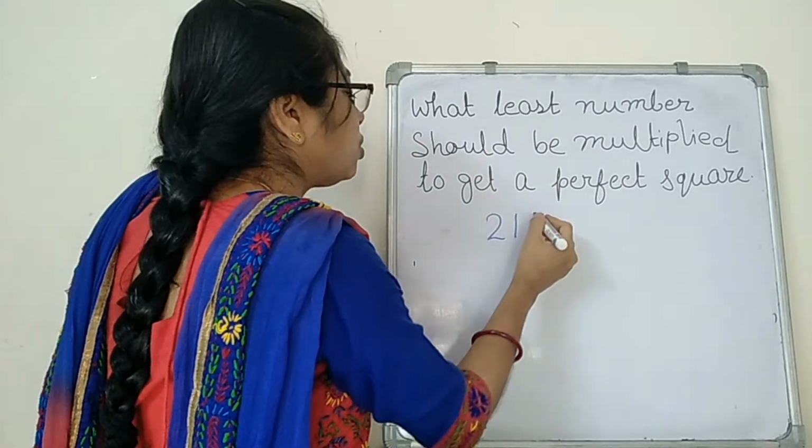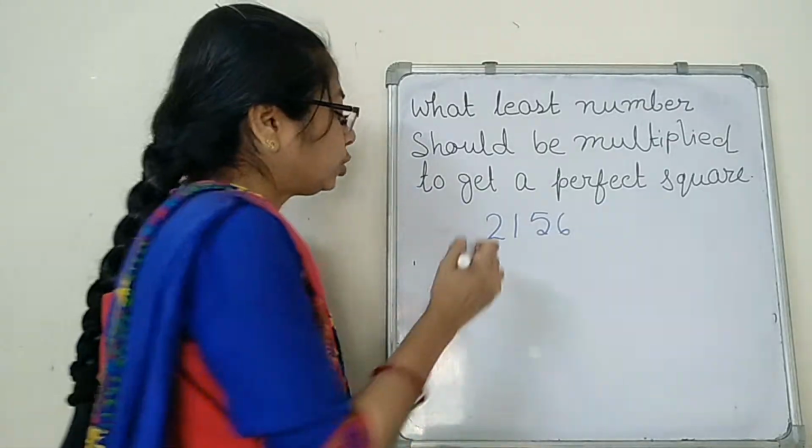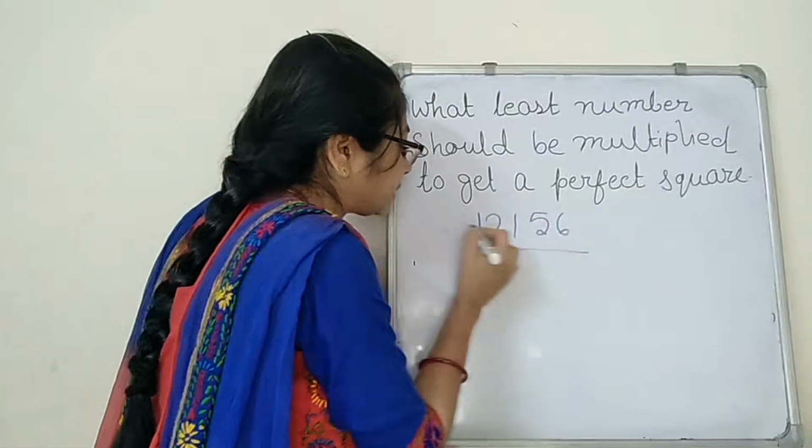Number is 2156. Start to do by the prime factorization method.